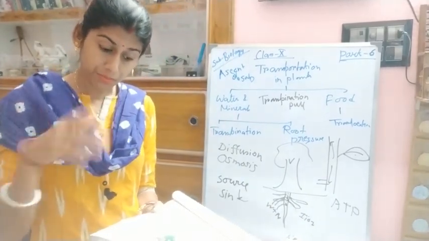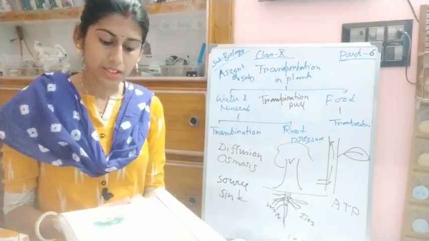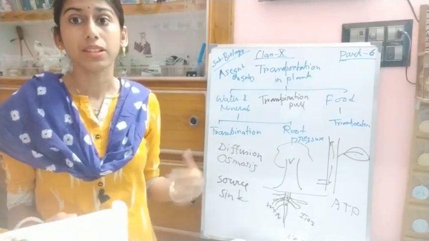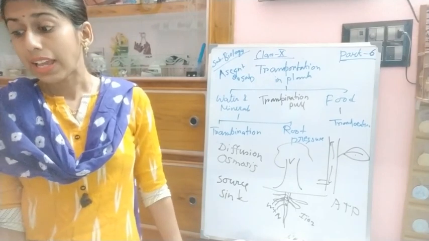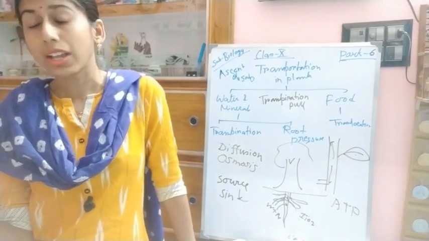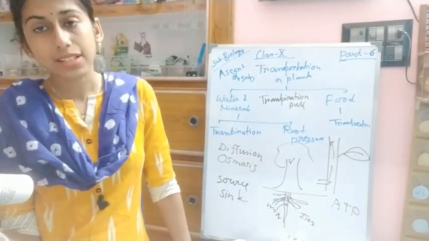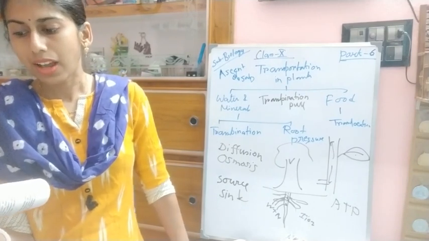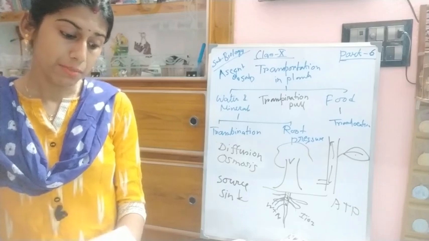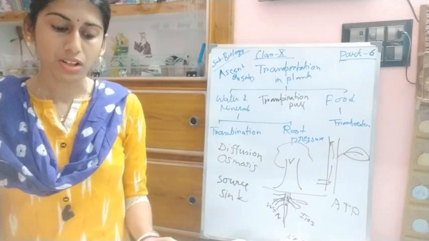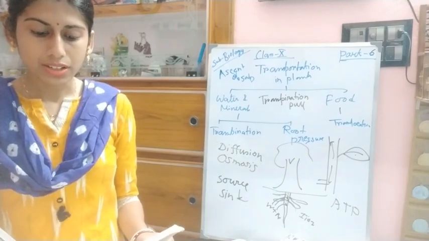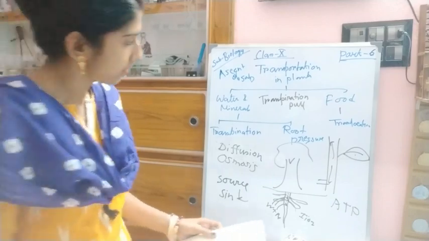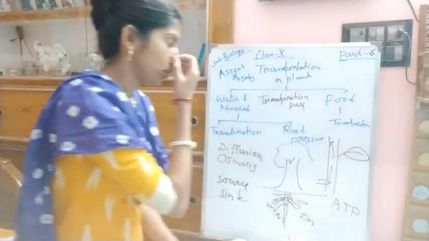These substances are specially delivered to the storage parts, like food storage organs of roots, fruits, seeds, and to growing organs. And I have told you why ATP is required, or why more energy is required, in the case of translocation of food.